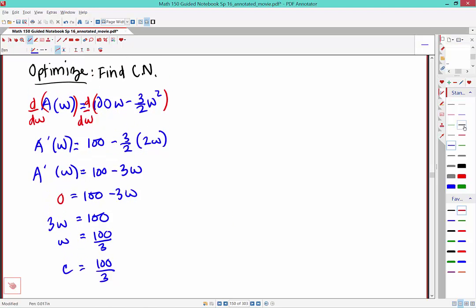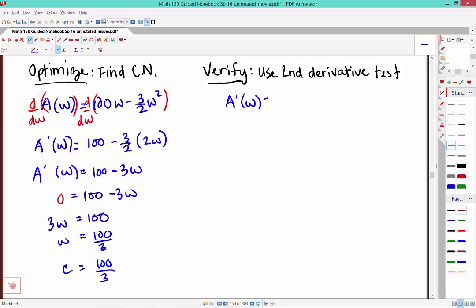So over here, going to the verification, I'm going to use the second derivative test because the function is very easy to differentiate again. So starting with A prime at W is equal to 100 minus 3W.